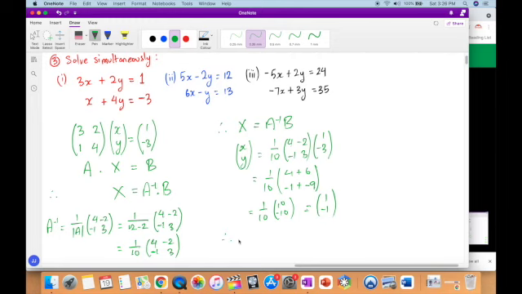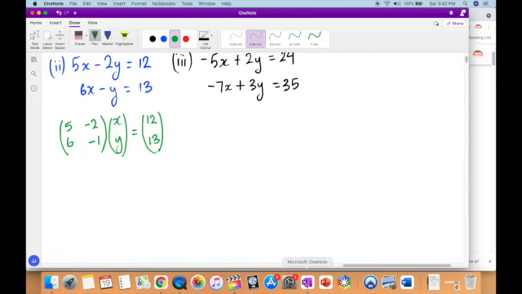So therefore, x, y is 1, negative 1, which implies that x is equal to 1, y is equal to negative 1. So you see here, I put it in the form A times x is equal to b.